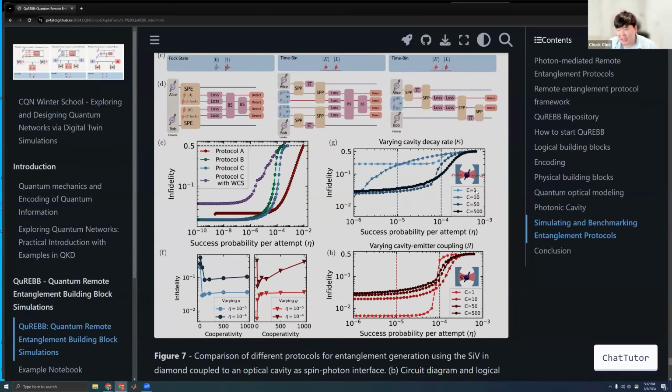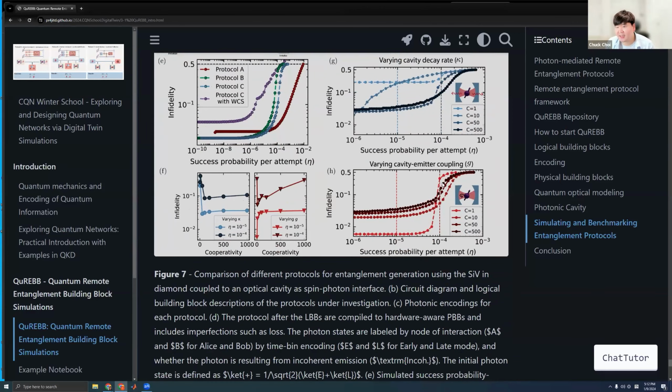For example, if you're increasing the cooperativity of the cavity QED system, often people think that the fidelity of the entanglement is getting better, but it's not. For example, you can see multiple crossovers when you're sweeping your parameters, given your choice of the protocols.